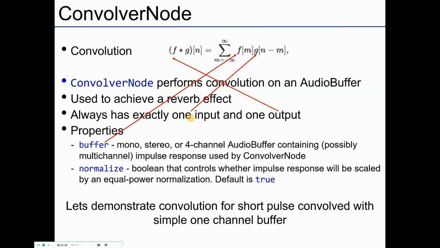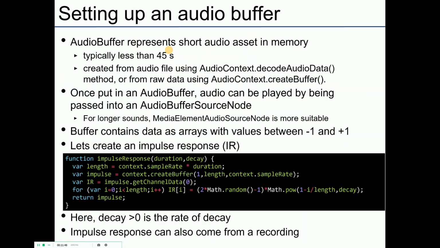But because of the way convolution is typically implemented for dealing with impulse responses, it is phrased a bit differently. So it has the one input as mentioned. That is going to be our audio signal that we want to apply reverb to. And then the buffer is the stored impulse response that determines the reverb which will be applied.